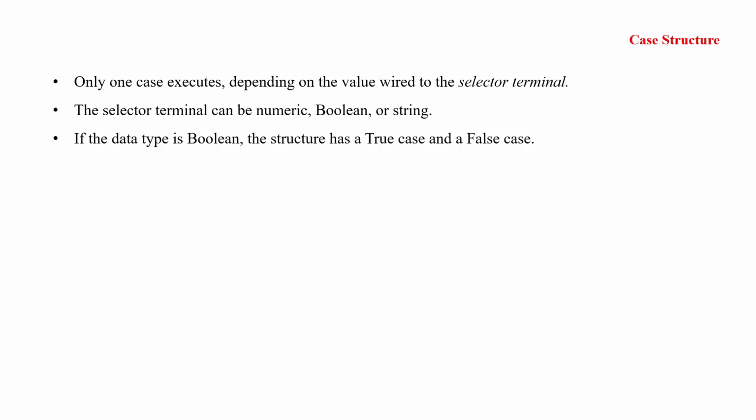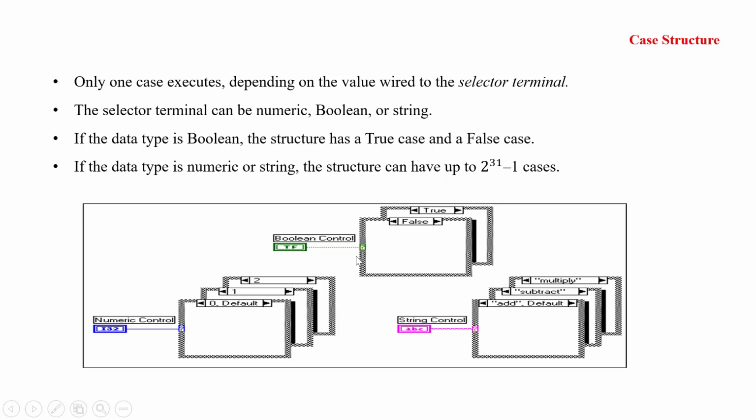If the data type is Boolean, the structure has a true case or a false case. If the data type is numeric or string, the structure can have up to 2 raised to power 31 minus 1 cases. This is a typical form of a case structure where we have one selector switch, and here the different cases are shown.